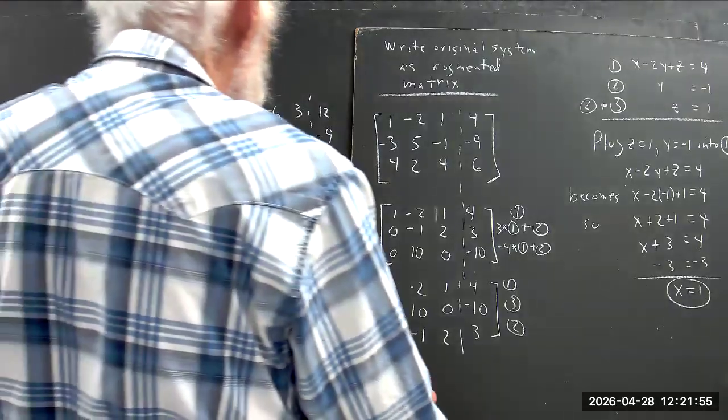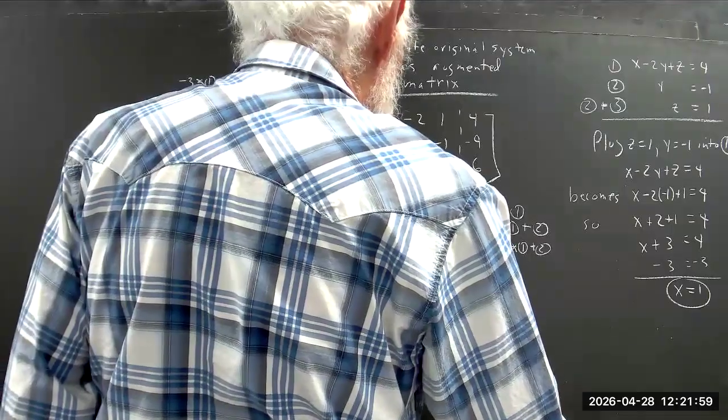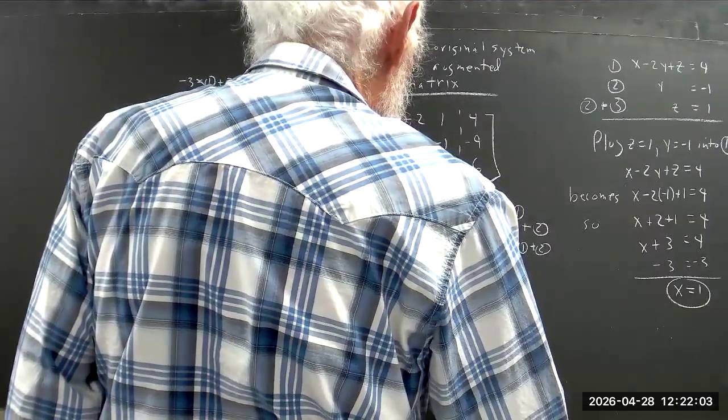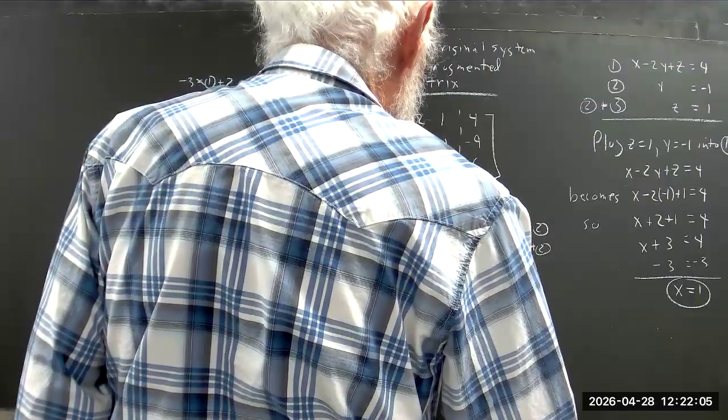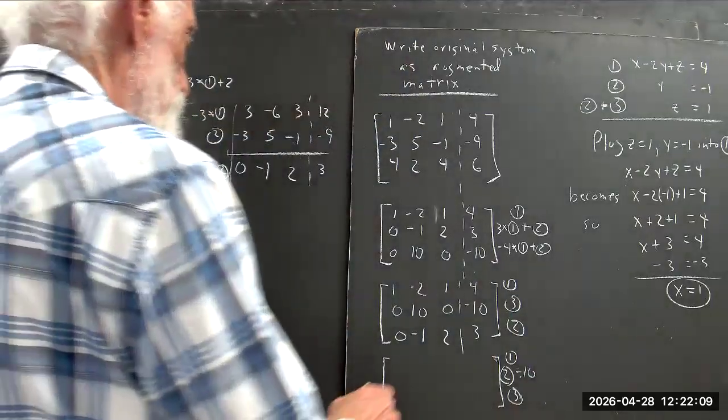Then we're going to keep rows 1 and 3 the same as they were, but we're going to do row 2 divided by 10.